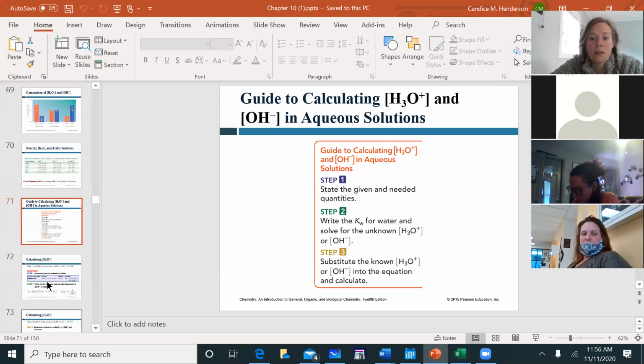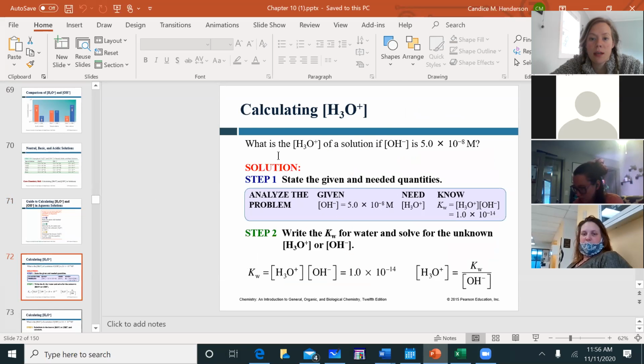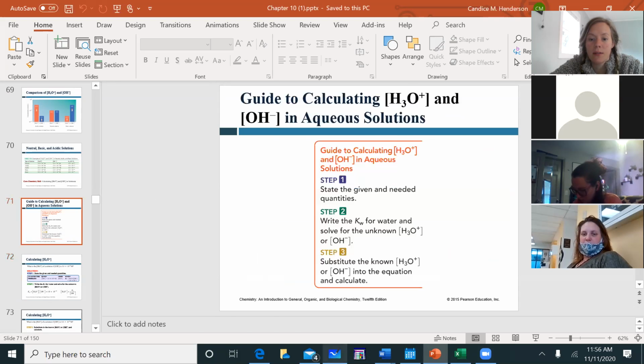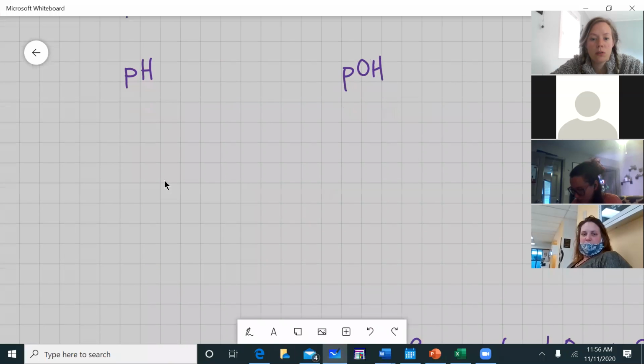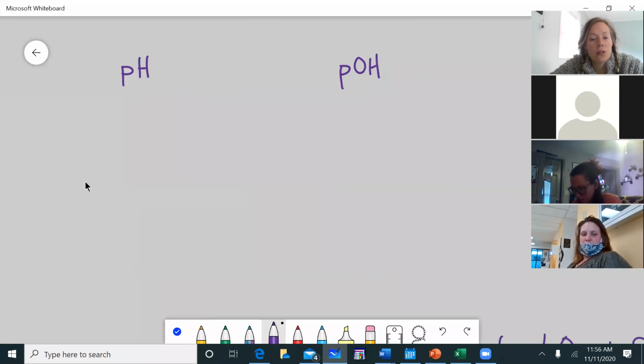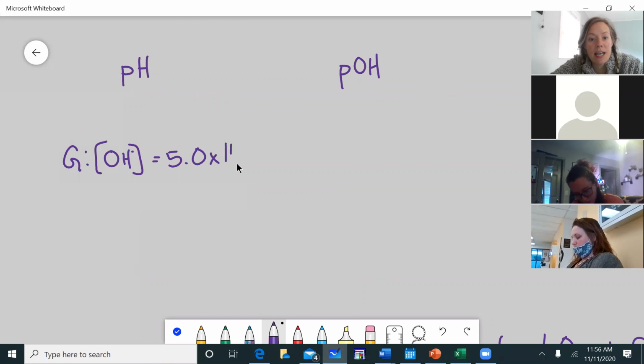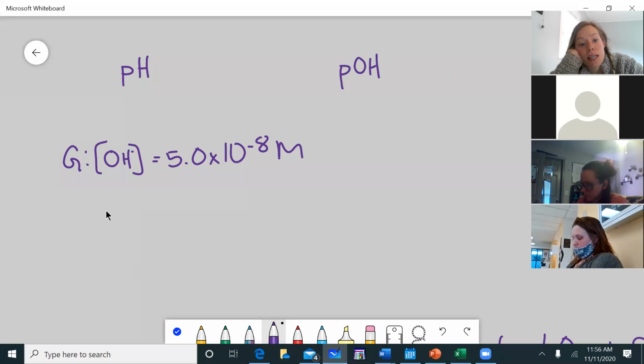So let's do one of these. Okay, so they've got OH is 5.0 times 10 to the negative 8. So given that we have an OH concentration equal to 5.0 times 10 to the negative 8 big M, and they're going to be super tiny numbers, I want to know, what is the H3O concentration?